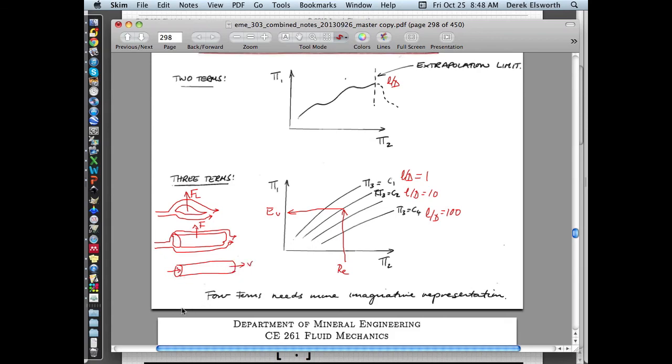What we would know is that to drive flow along that pipe, there's some difference between the upstream and downstream pressures as we go from upstream to downstream. We're using energy because we're having to work against viscosity.